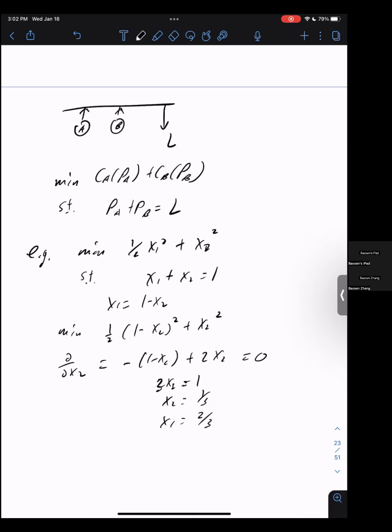You tell generator 2, you should do 1/3 of a megawatt. How much do you pay them? What is the price? Okay, good, right? So price is the derivative of the cost.